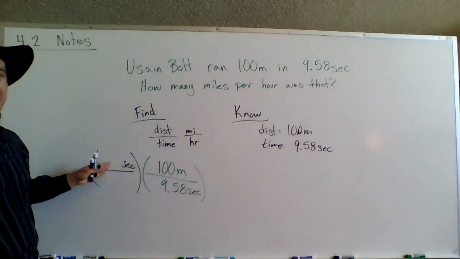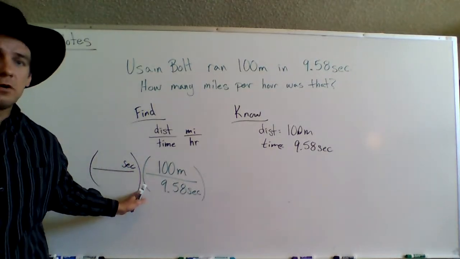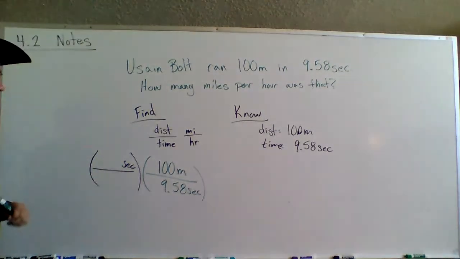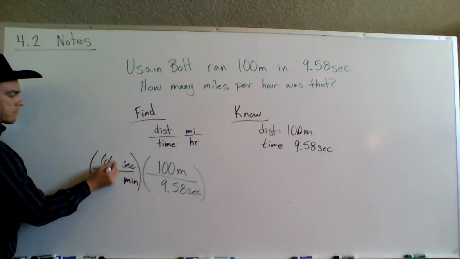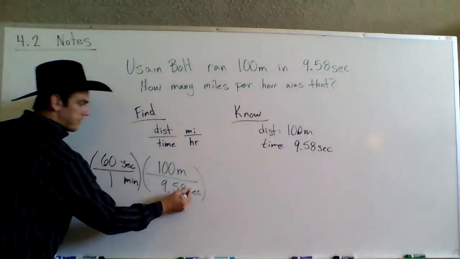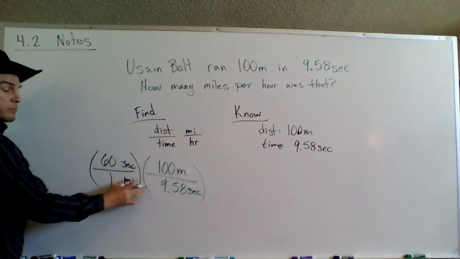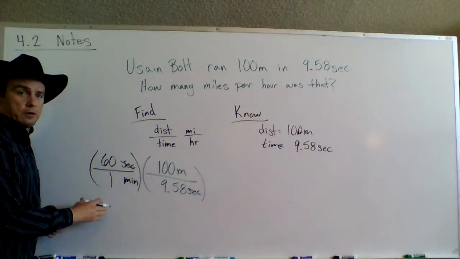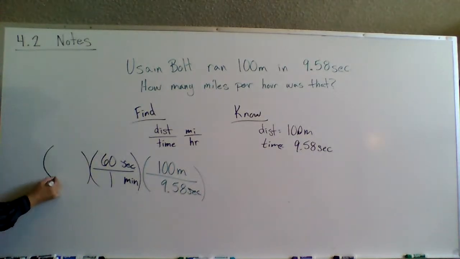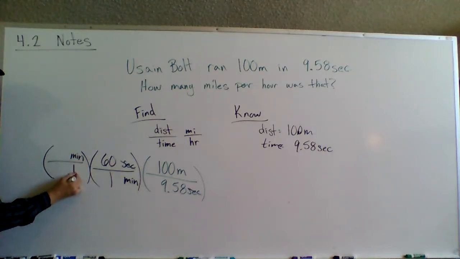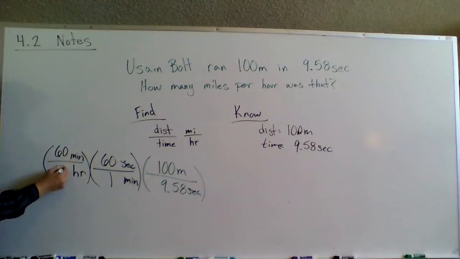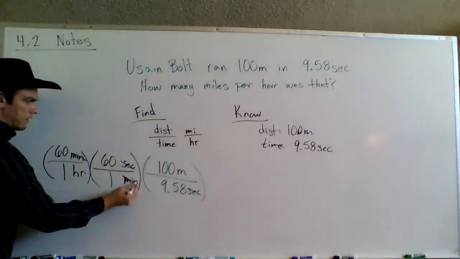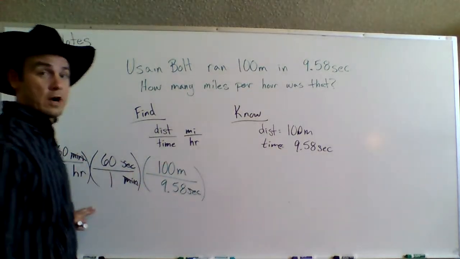I don't know how many seconds are in an hour. I do know how many seconds are in a minute. There are 60 seconds in 1 minute. So my seconds cancel. This gives me meters per minute, but we want per hour. So I have to do this one more time over here. I want minutes to cancel, so I'm going to put minutes on top, hours on bottom. Now there are 60 minutes in 1 hour. My minutes are gone. I am now in meters per hour.